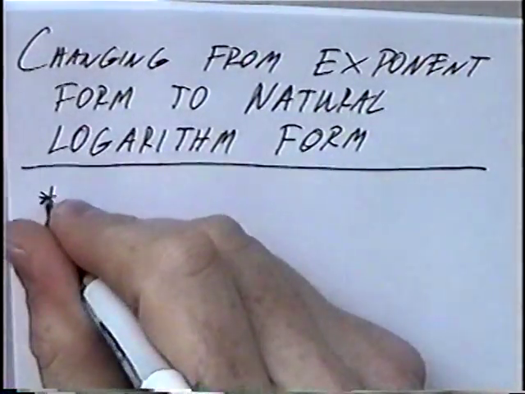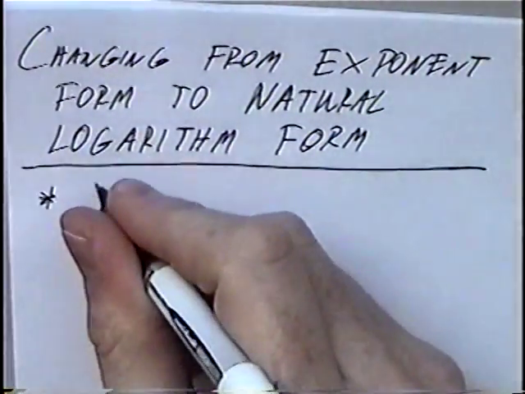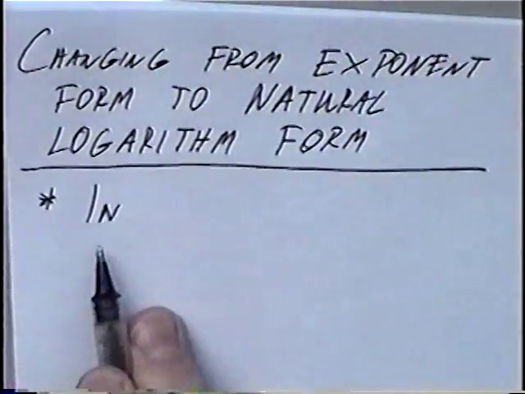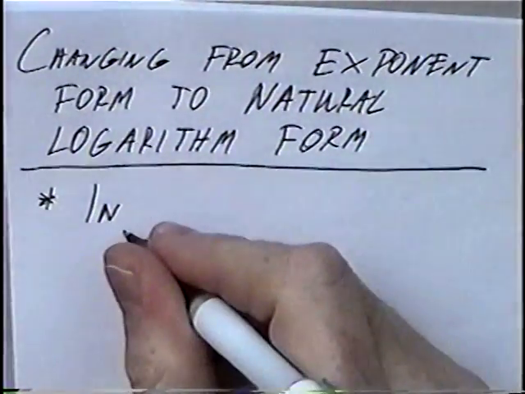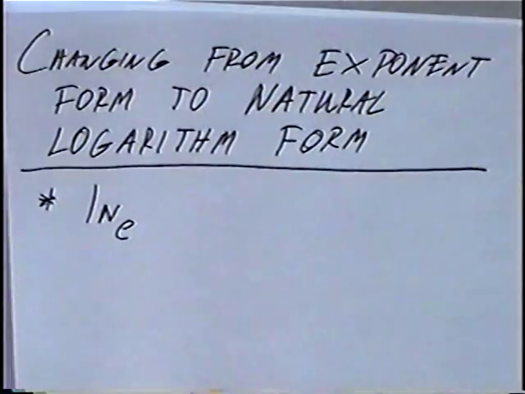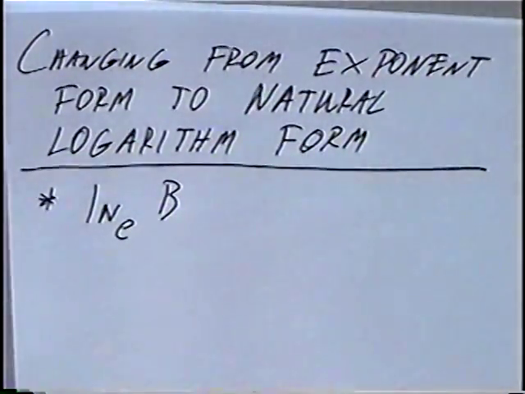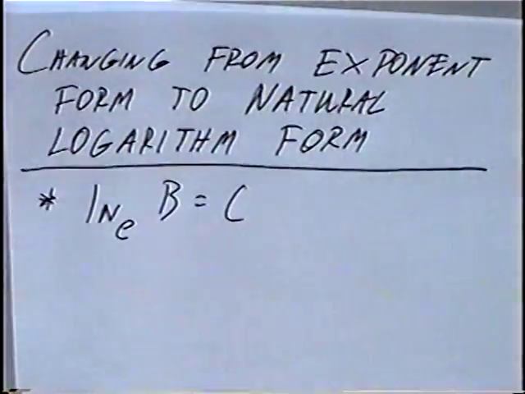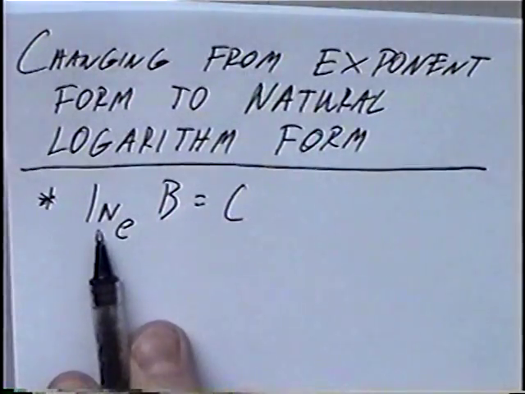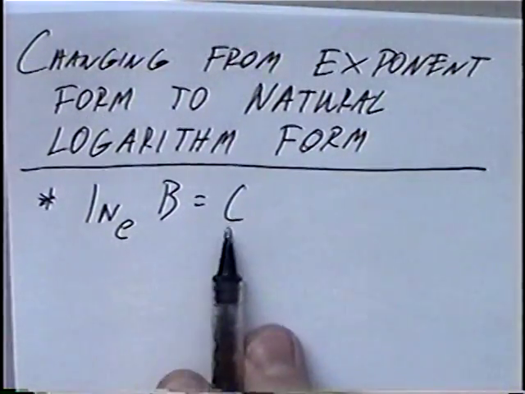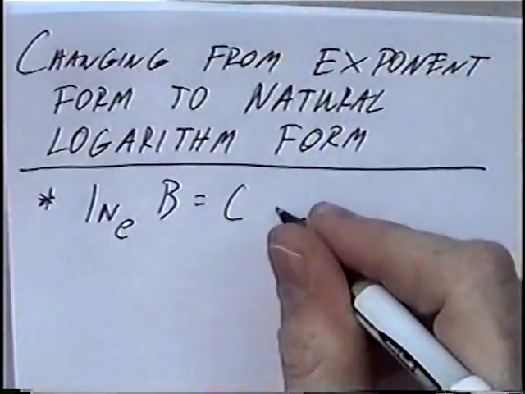One definition or formula we'll use for this section. Ln, which stands for the natural log, we'll have a small e for base e, and then the two variables will have b and c. So this is the natural log of b, base e, is equal to c.